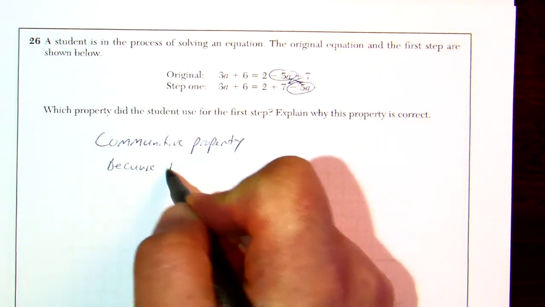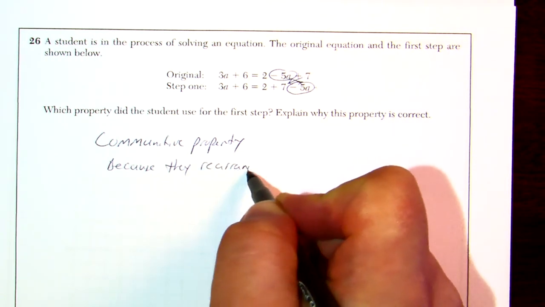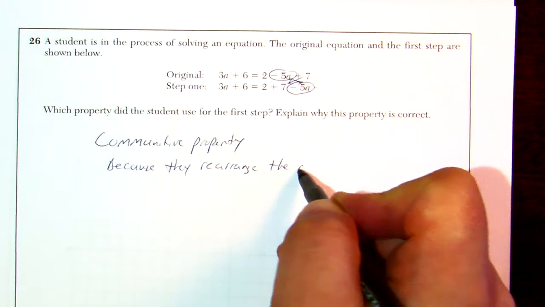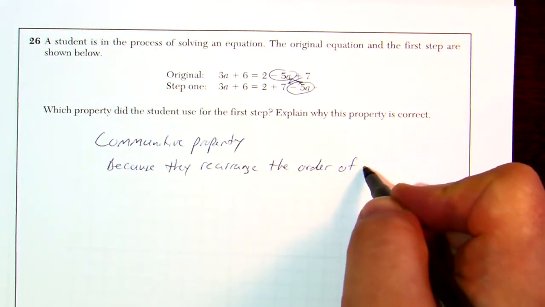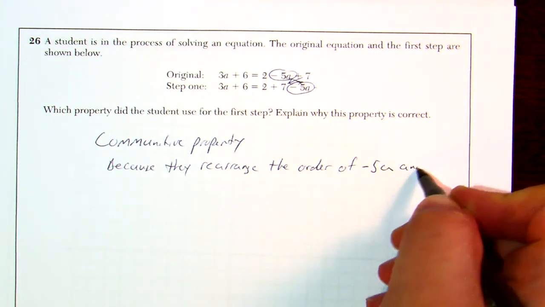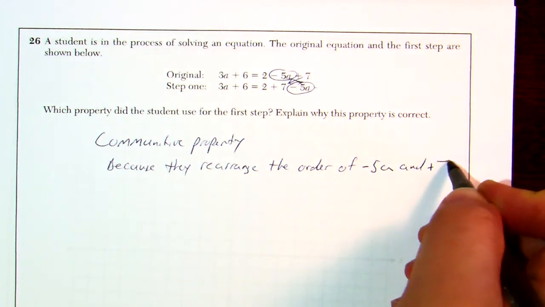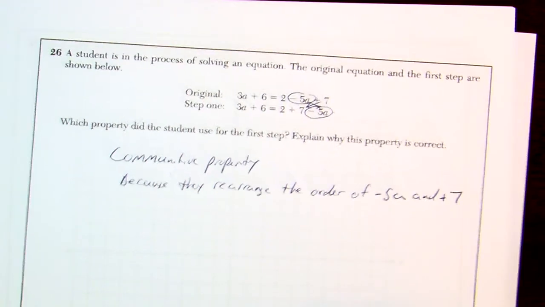Because they rearranged the order of the minus 5a and positive 7. Okay? Moving on.